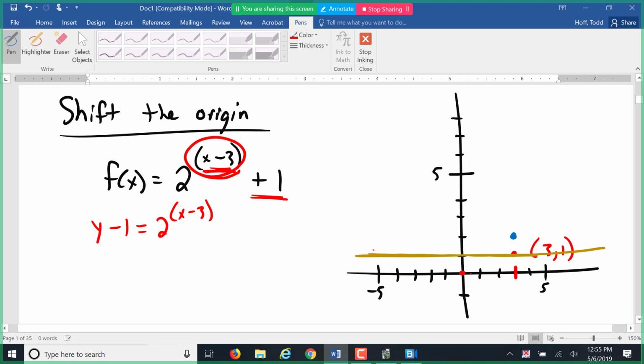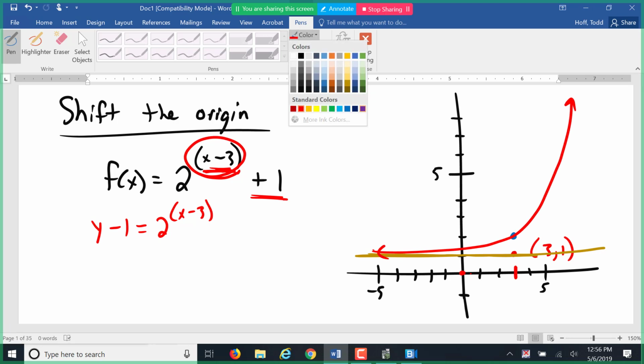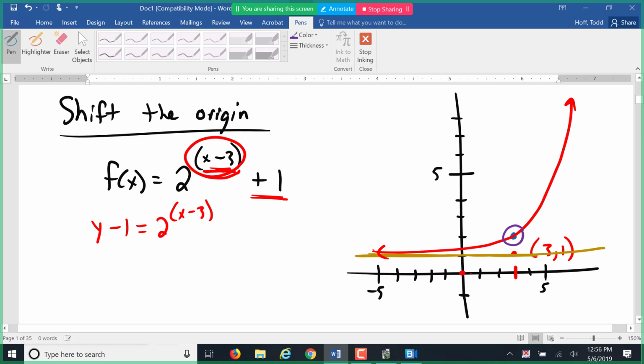I'm going to explain that in a second. So our curve is going to look something like that. Remember, this point here at 3, 1 is the point that normally would have been right here.